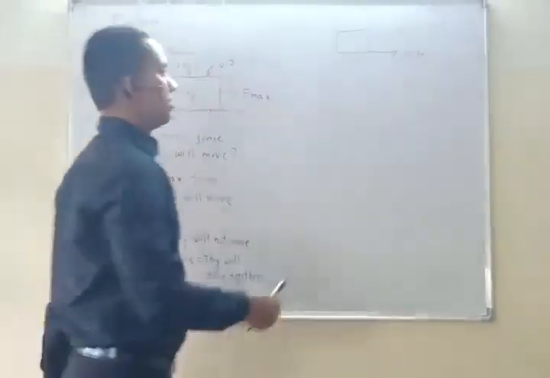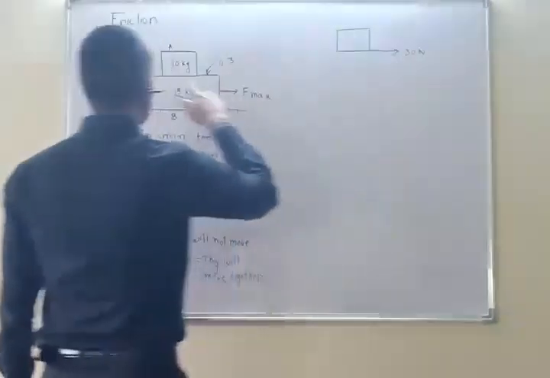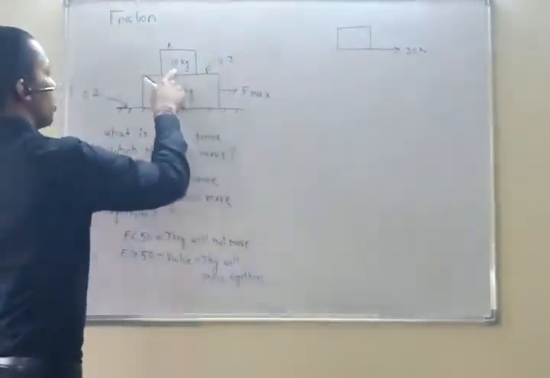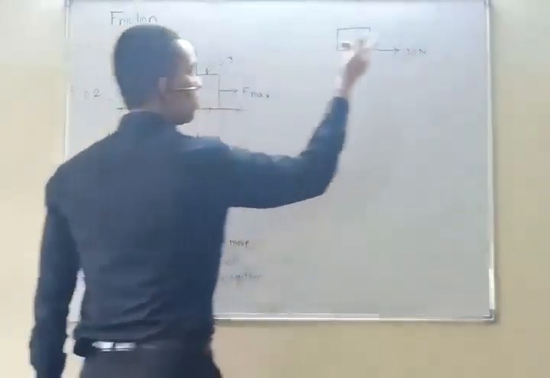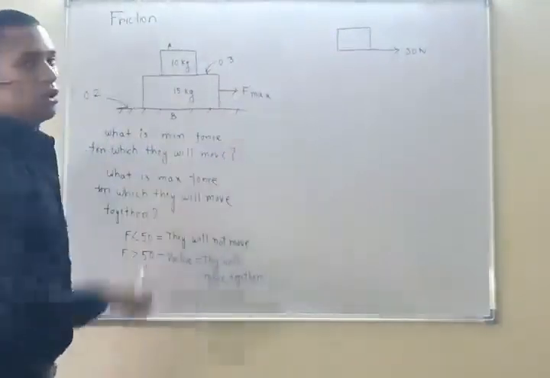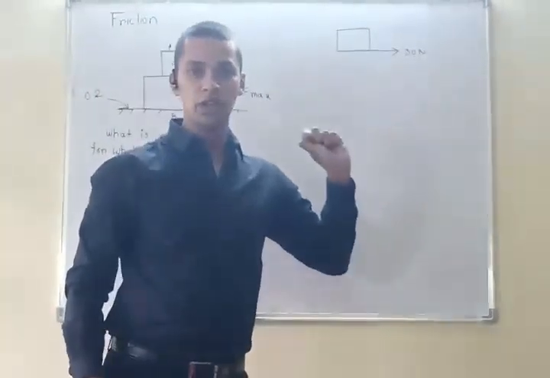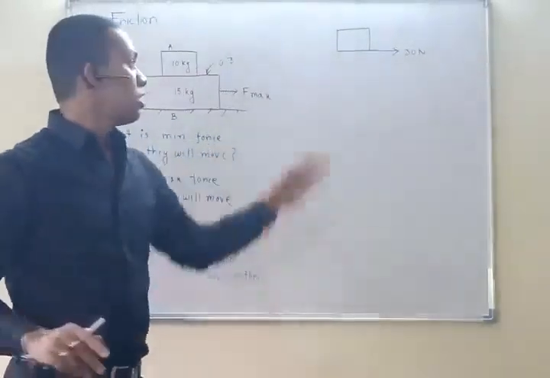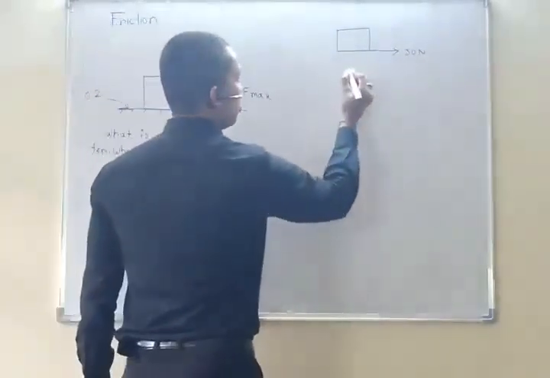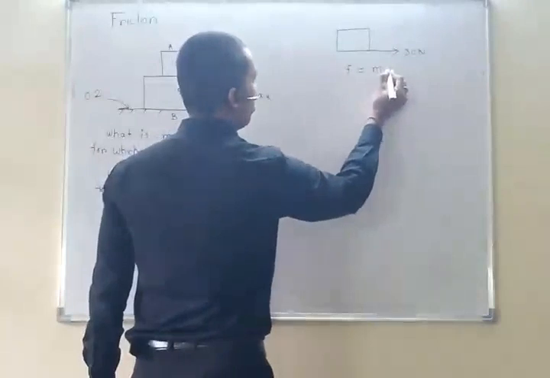So this is the maximum value, and the acceleration of this block A can be because of this only, because there is only one force. So this force will be causing some acceleration of block A. Is it clear? This force is 30. Force is equal to m into a.